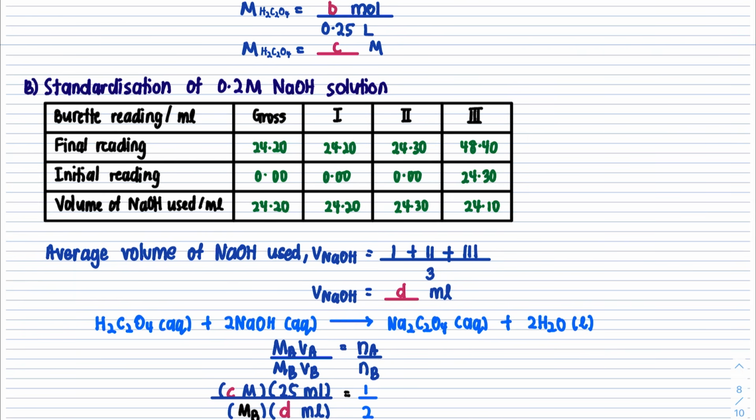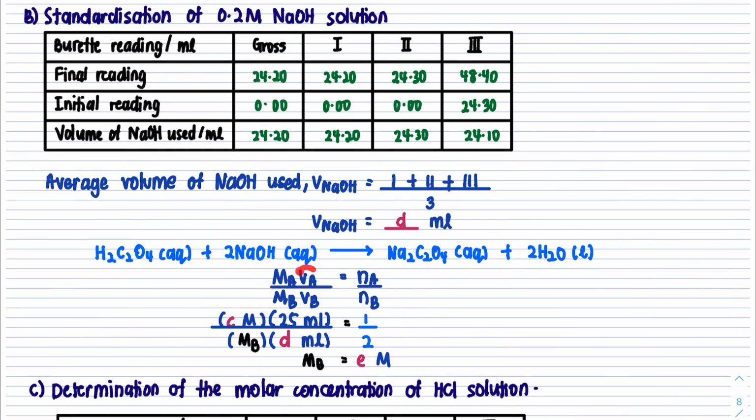If you want to take the volume of acid in liters, you have to write down in liters. Why is the volume of acid 25? Because when you put in your conical flask, you pipette 25 ml of your acid. So that's why the volume of acid must be 25.